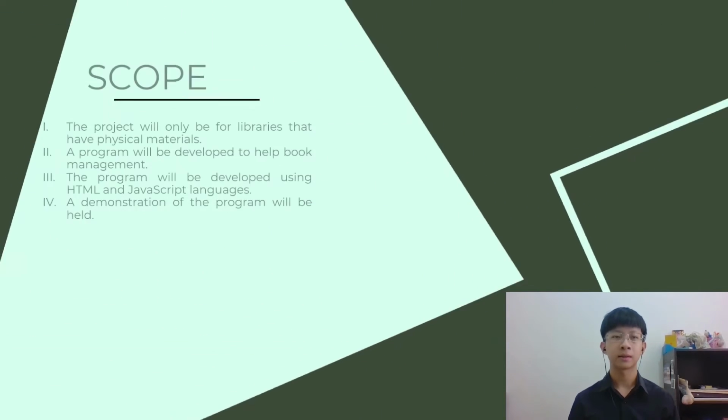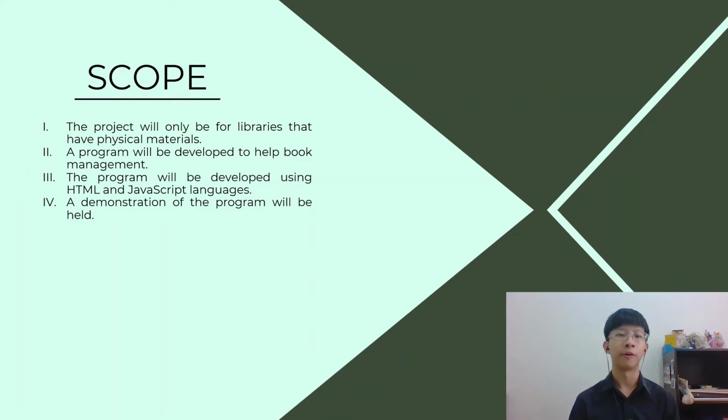And next, I'm going to explain the scope of this project. First, the project will only be for libraries that have physical material, so it won't be made for libraries that store ebooks. It is only made for libraries that have physical books such as journals or textbooks. Second, this program is developed to help with book management.